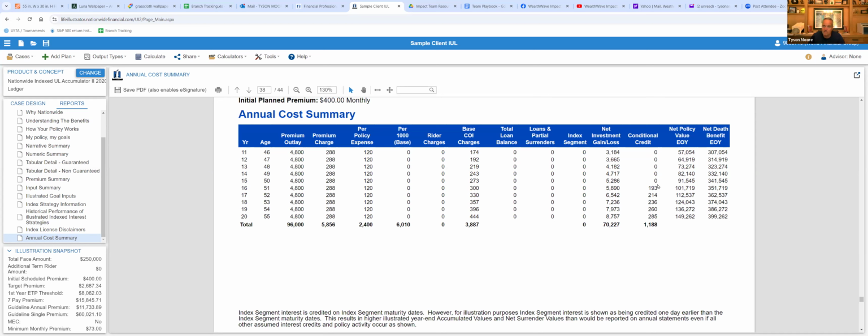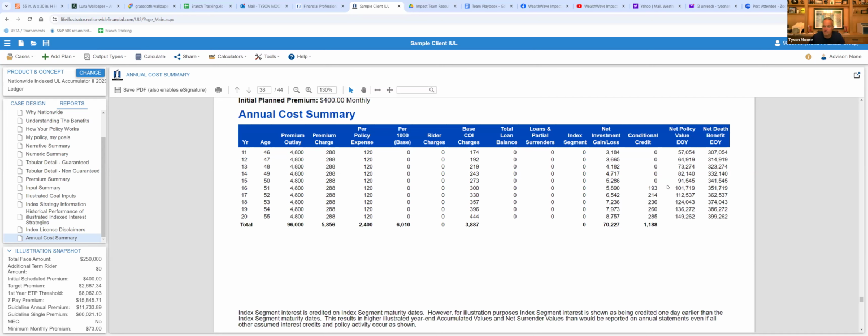In other words, they're basically rewarding policyholders that fund their policies appropriately, because that's a win for Nationwide. That's a win for the policyholder. It helps all of their mortality, and basically everybody wins by policyholders funding policies correctly. And so they're going to reward you back with a credit.